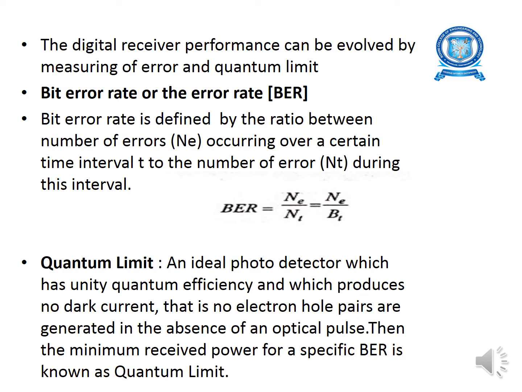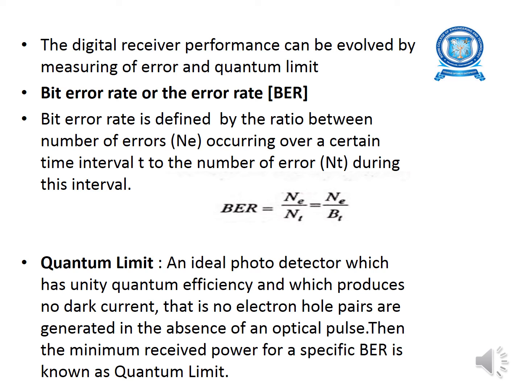Quantum limit. In an ideal photodetector which has unity quantum efficiency and produces no dark current, that is, no electron hole pairs are generated in the absence of an optical pulse, the minimum received power for a specific bit error rate is known as the quantum limit.